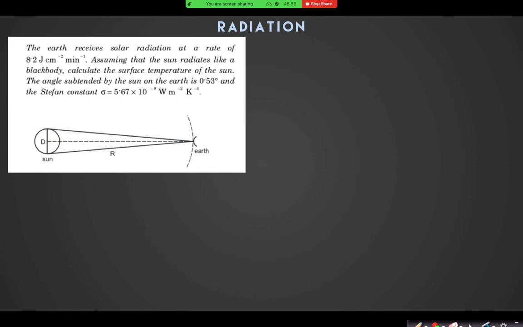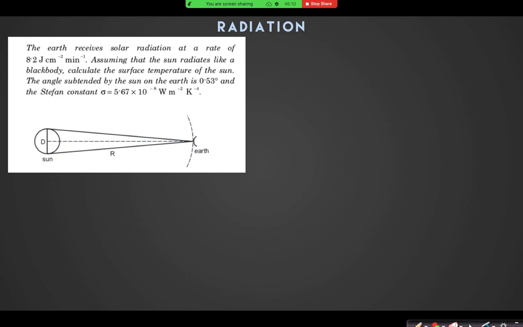Now, one question from solar radiation. Solar radiation is the radiation coming from the sun, and on earth we are measuring that radiation. But remember that the distance between earth and sun is much larger than the radius or diameter of the earth, right?